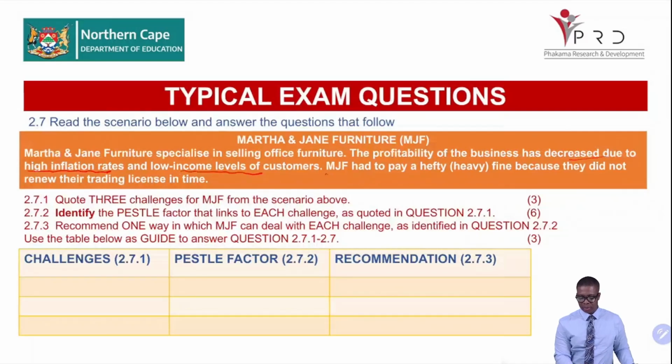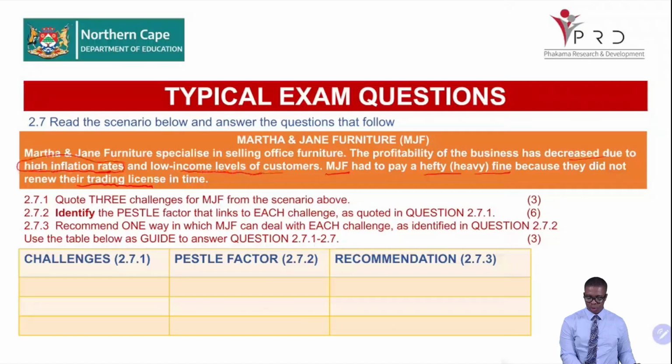And then it says Martha and Jane Furniture had to pay a hefty or a heavy fine because they did not renew their trading license in time. So now, quote challenges for Martha and Jane Furniture from the scenario above to say which challenges did they face. The first challenge is the decrease of the profitability due to, number one, inflation rate.